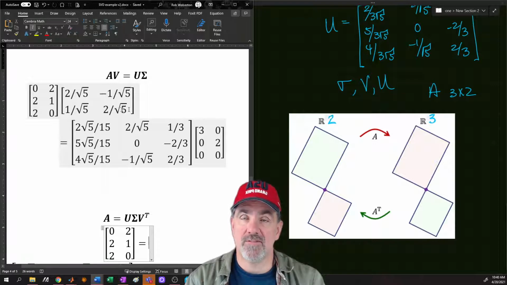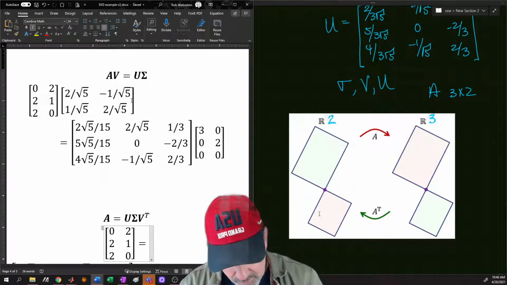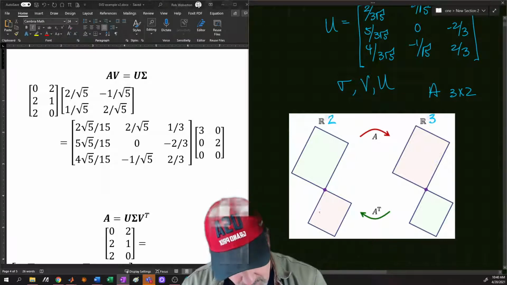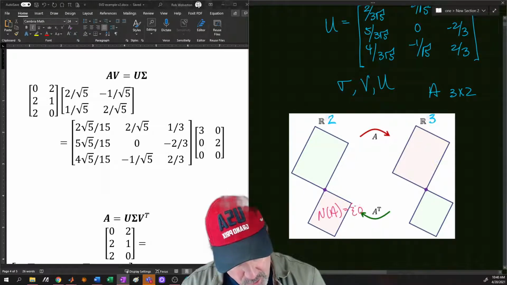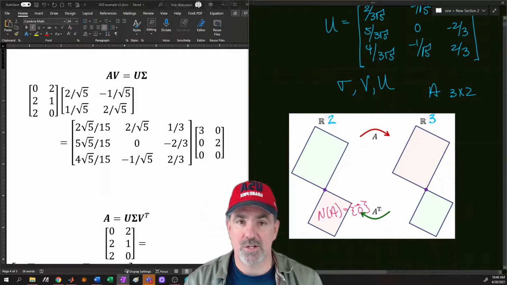So I have 2 columns in V and I have 2 singular values, and so I have no null space. So the null space of A is just the trivial null space. It's only the 0 vector.